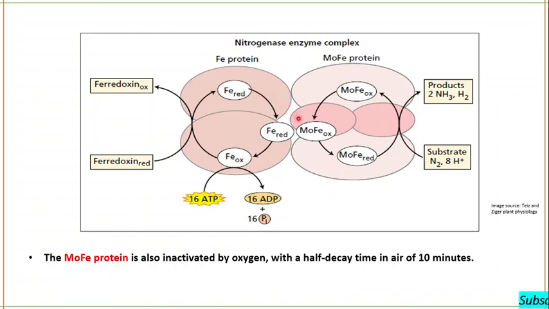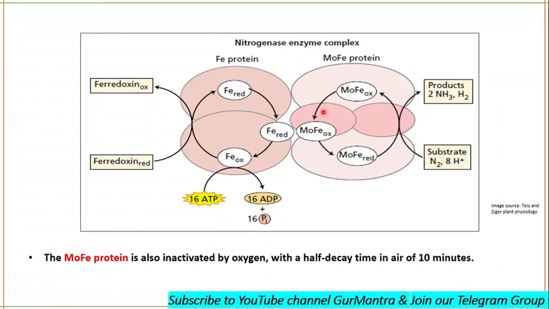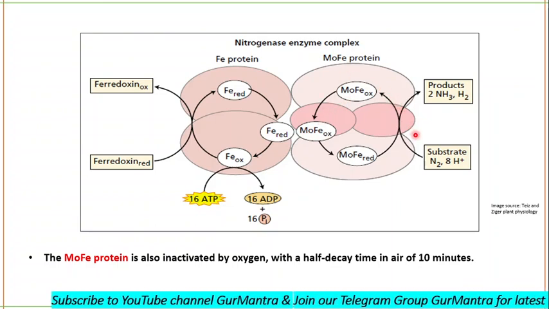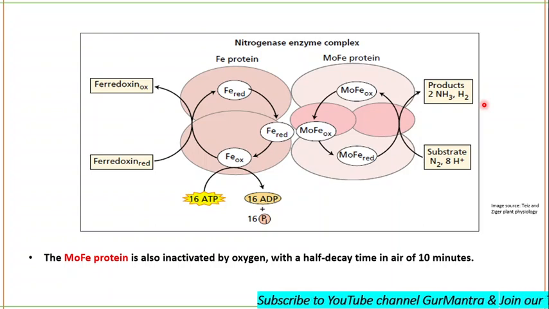This then reduces the oxidized molybdenum iron of the molybdenum iron protein, and ultimately there will be the reduction of one nitrogen molecule into 2 ammonia along with the release of hydrogen.